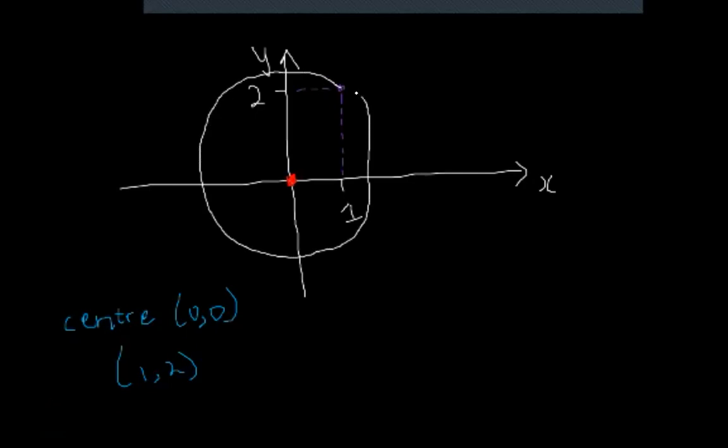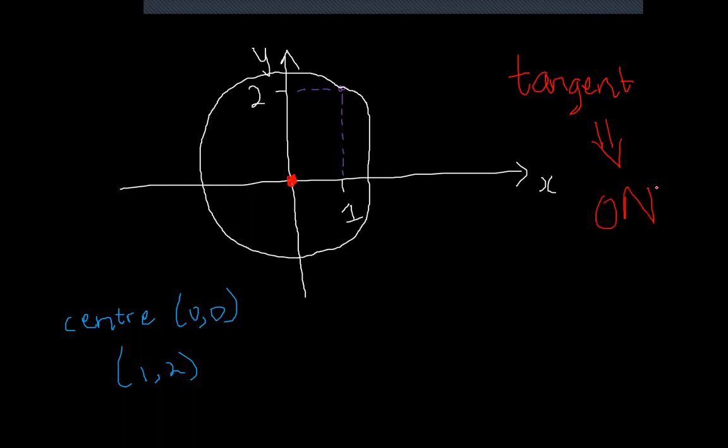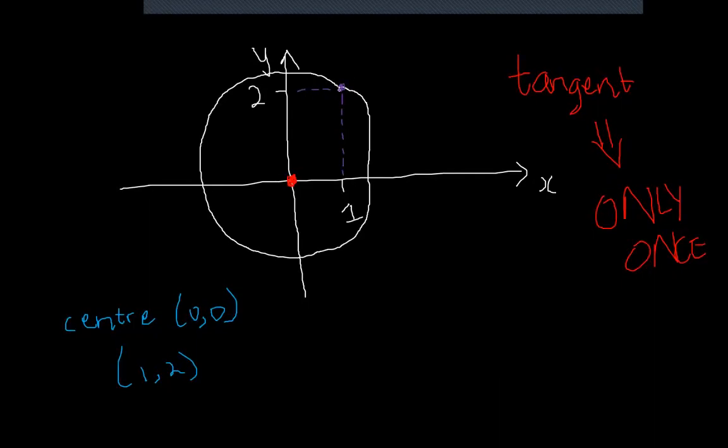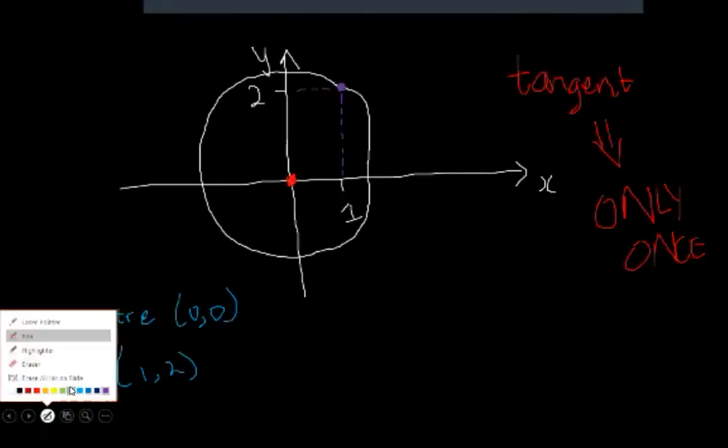Circle. What you need to remember about a tangent is that it touches the circle only once. In this case, they told us that it passes through this purple point right here. So my tangent will look like this.